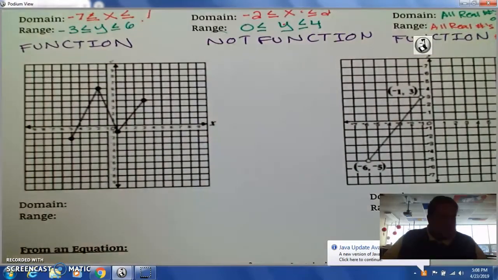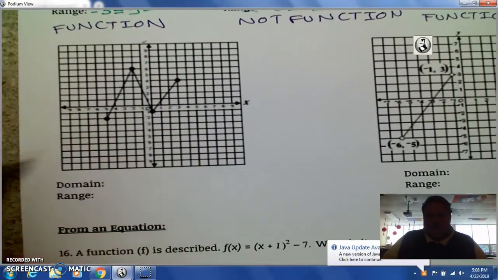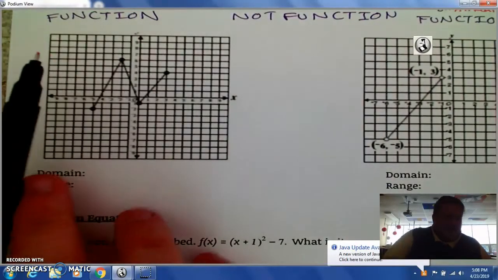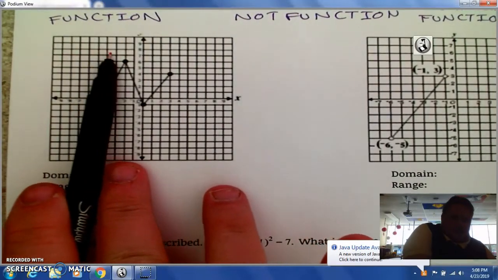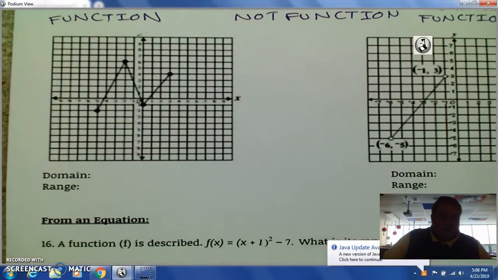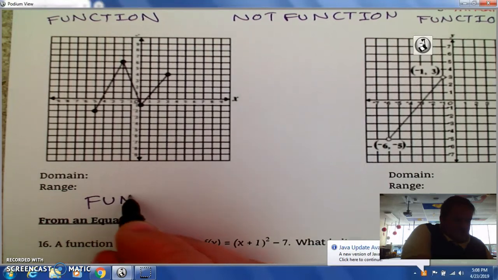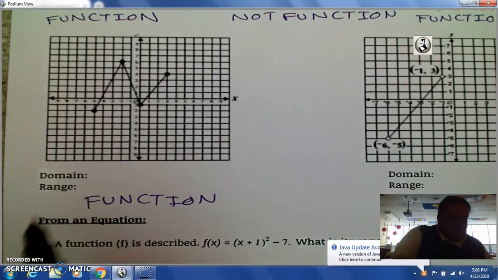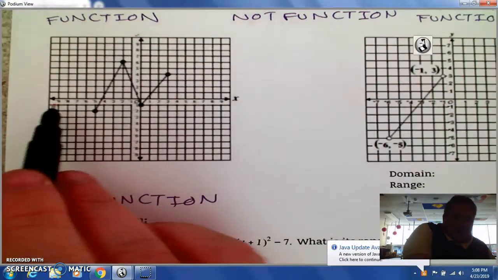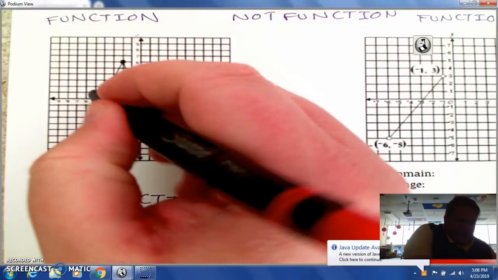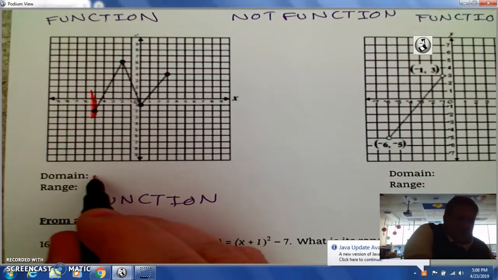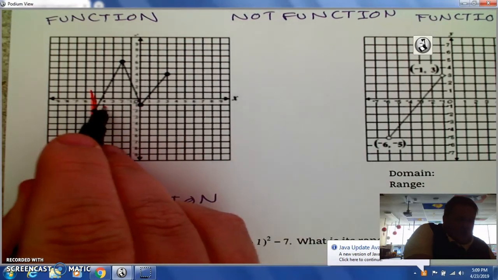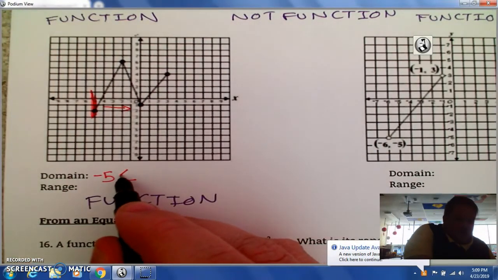Okay? Let's look at number, I don't know, this is 14. It passes our vertical line test. It doesn't hit more than once. So it is a function. And as far as the domain, from left to right along our x-axis, the first point it hits is negative 5, closed circle, so that means it includes that, or numbers greater than negative 5.